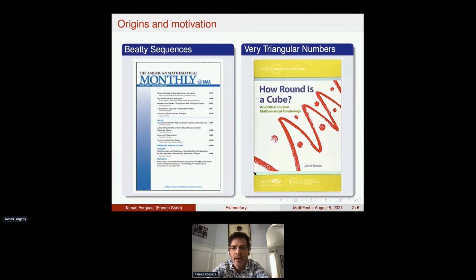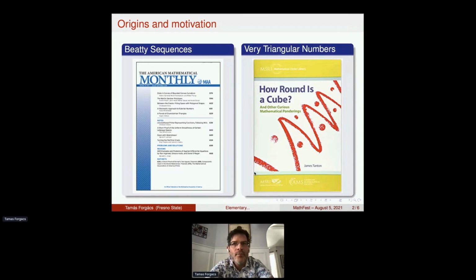The other problem I'll talk to you about came from this absolutely wonderful book called How Round Is the Cube? And this is an MSRI publication for the math circles. And so Maura also discussed this sort of vertical integration with high school students and graduate students and faculty working together.